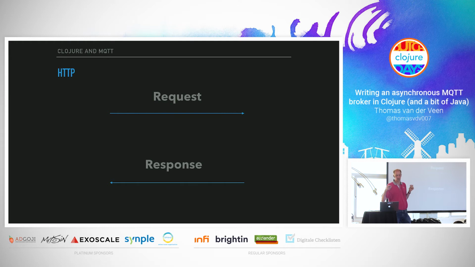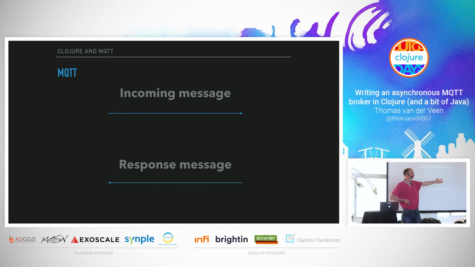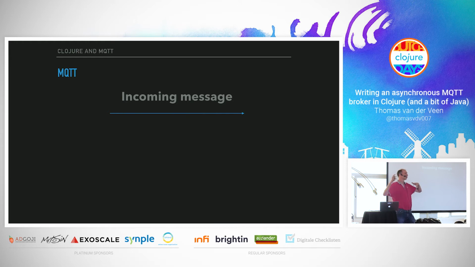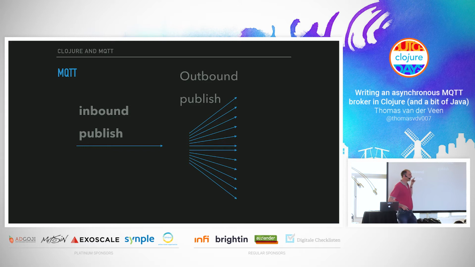MQTT is very different. It could be an incoming message and a response message to that. So, for instance, a client could send a connect message to a broker, and then there's a connection acknowledgement going back. There could be a message just coming in and no messages going out. Or worst case, there could be one inbound publish, and there could be hundreds or thousands or tens of thousands of clients subscribed to that particular topic.